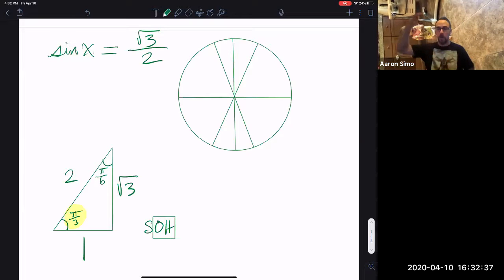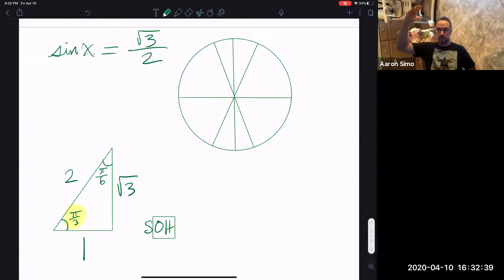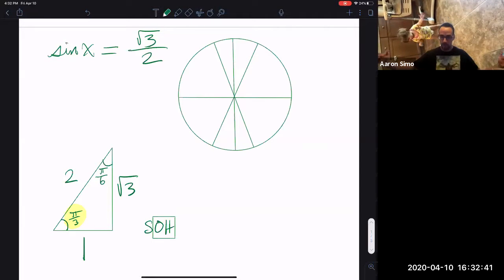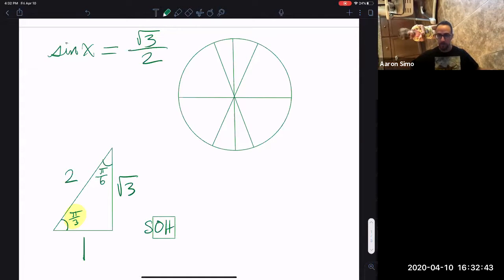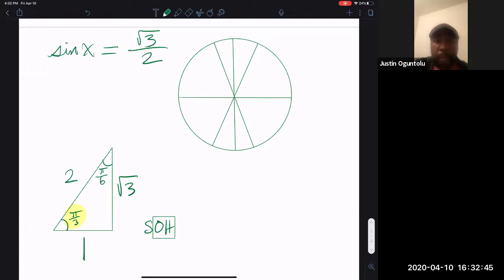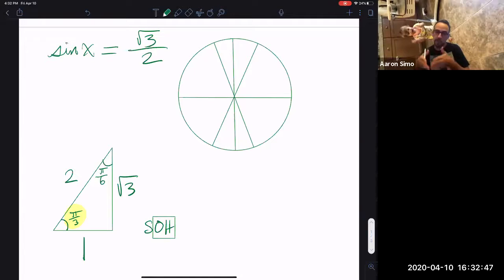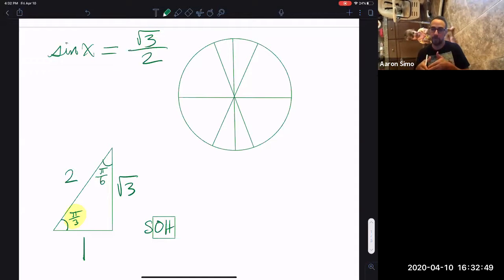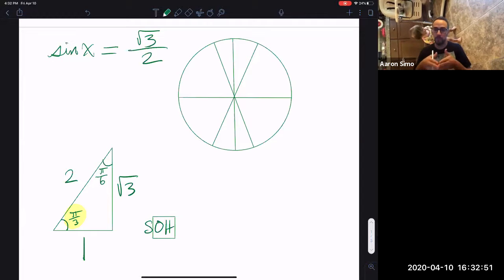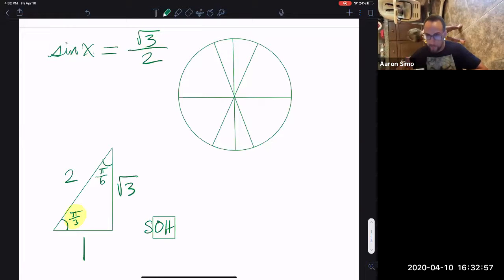There's a tall skinny x and then a short fat x. I want the tall x. Why do I want the tall x? Because root 3 over 2 is a big number, bigger than 1/2, right?